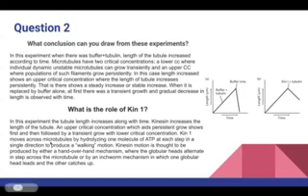Kin 1 moves across microtubules by hydrolyzing one molecule of ATP at each step in a single direction to produce a walking motion. Kinesin motion is thought to be produced by either a hand-over-hand mechanism, where the globular heads alternate and step across the microtubule, or by an inchworm mechanism in which one globular head leads and the other catches up.